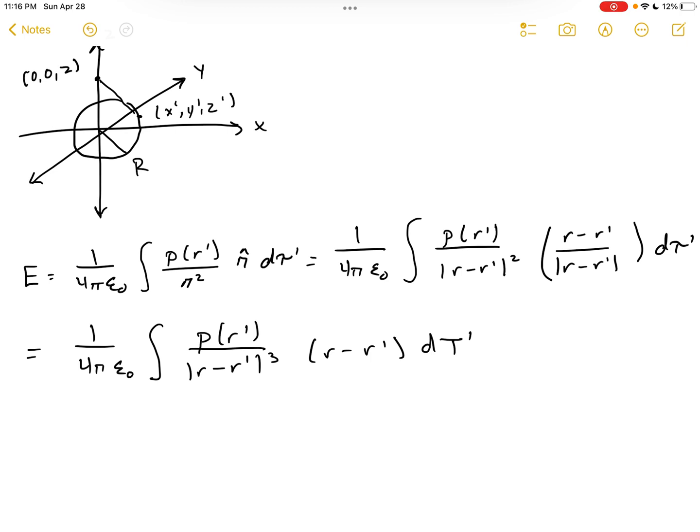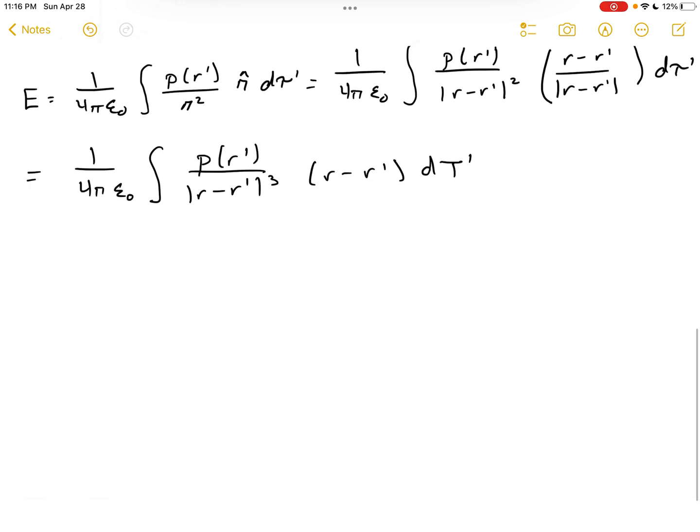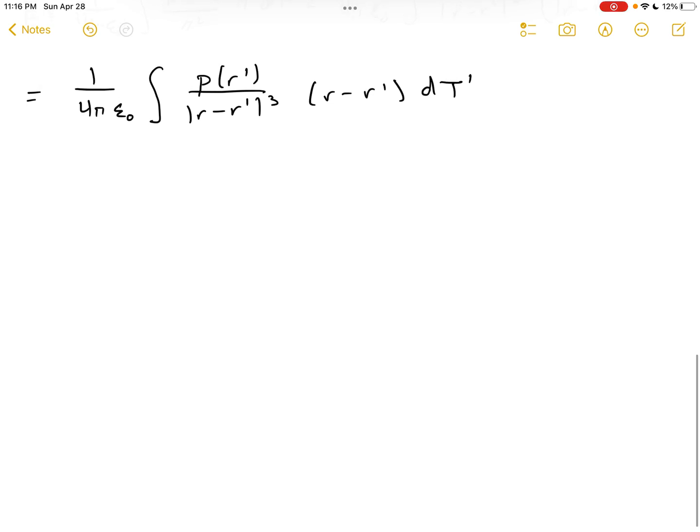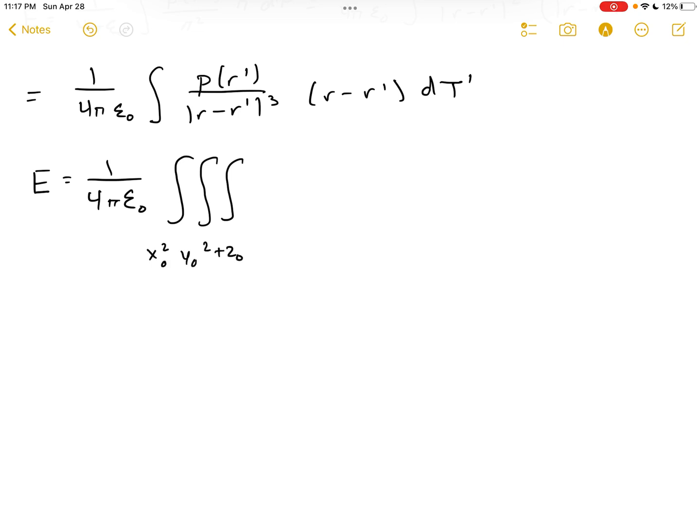So now we want to just take the triple integral. So E is equal to 1 over 4 pi epsilon naught times the triple integral over x naught squared plus y naught squared plus z naught squared less than or equal to R squared.